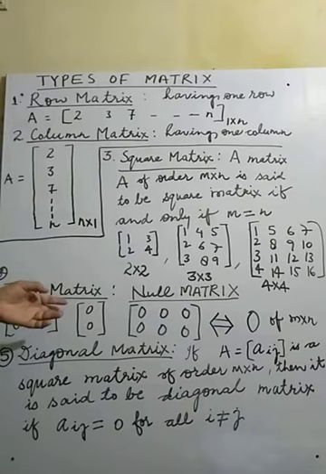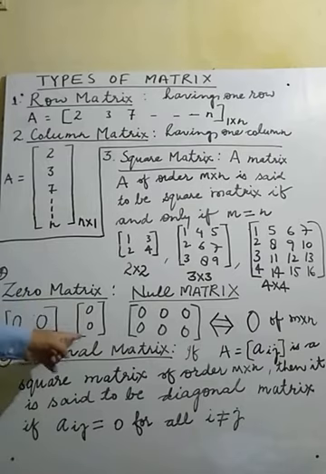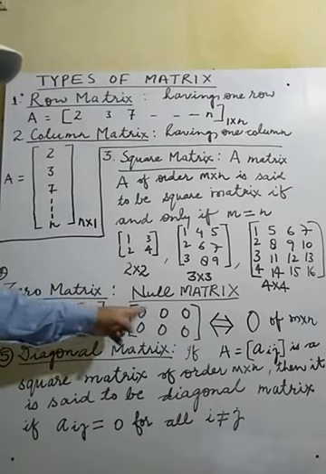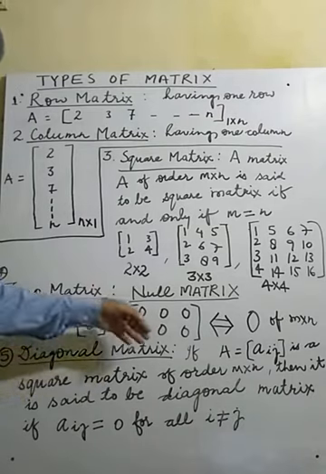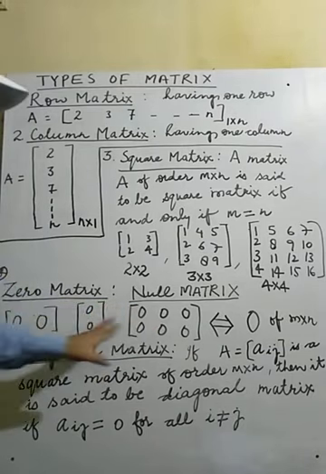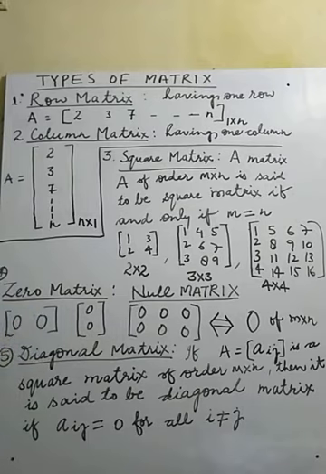By observing the elements of this matrix, you may see it may be of any order. Here it is given 1 by 2, 2 by 1, 3 by 2, 3 by 3, like that. But see the elements of all these matrices. All the elements of these matrices are 0, 0, 0.